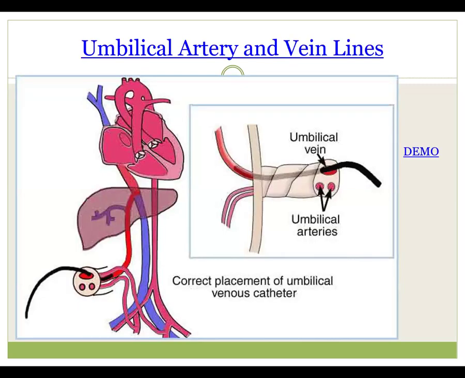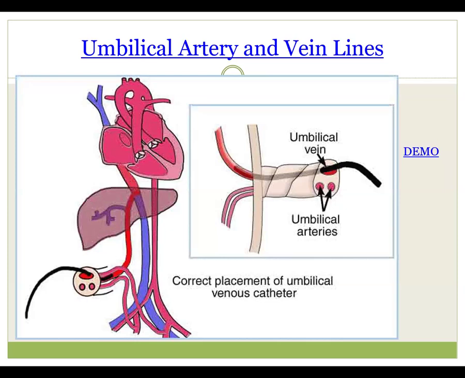Now, if you do have to go into further resuscitative efforts, the umbilical artery and venous lines come into play. Okay, this is the best way to monitor hemodynamics, draw blood gases, and give medications and fluids to our newborn infant that needs more intensive care.